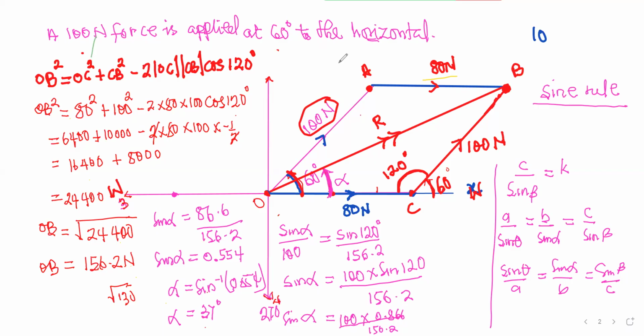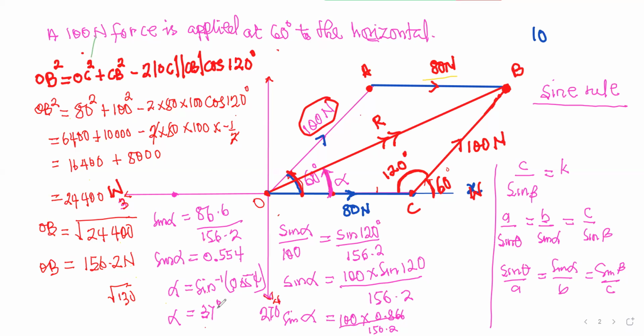So sine inverse of 0.554, shift sine, then 33.6.